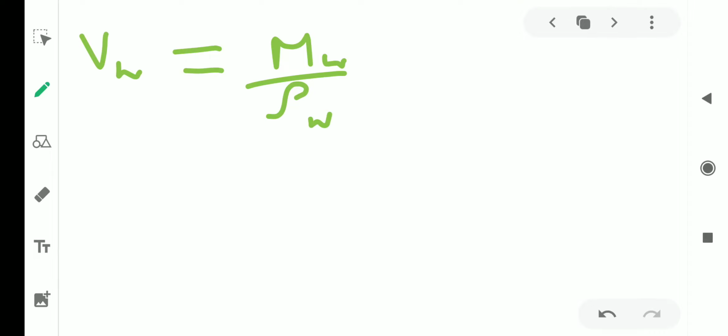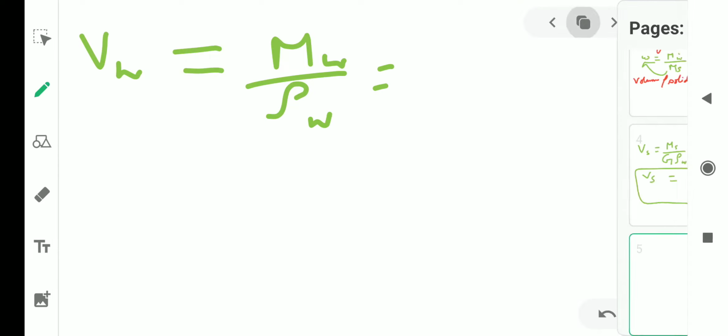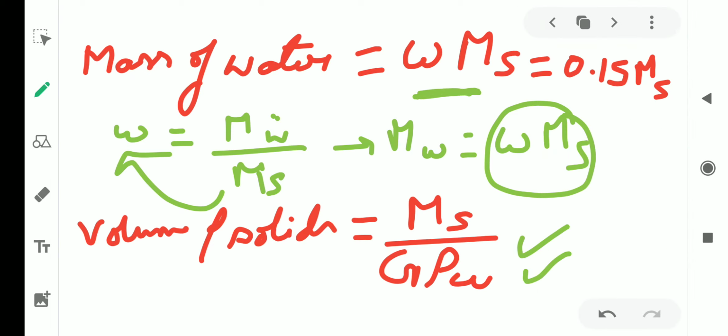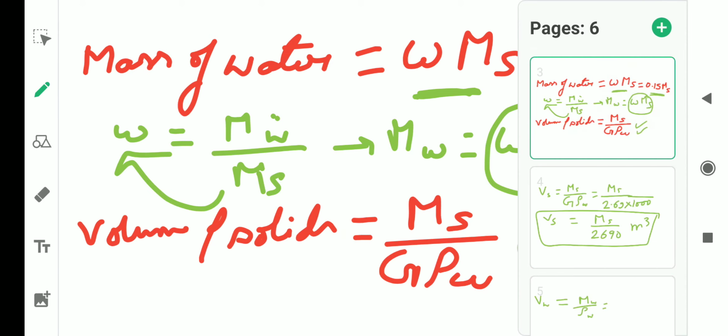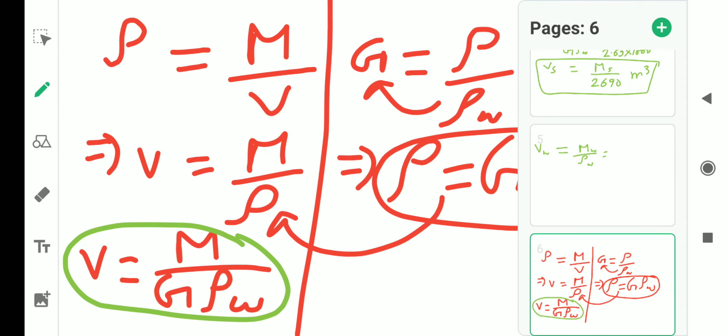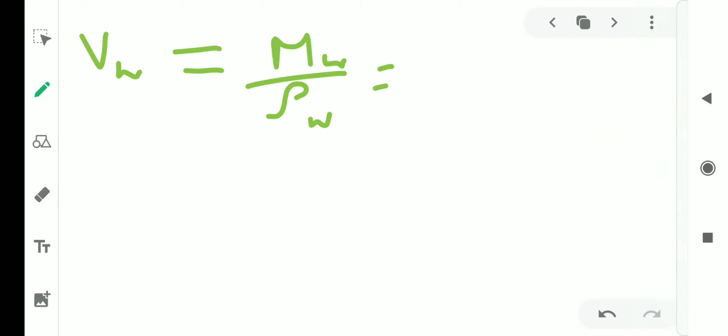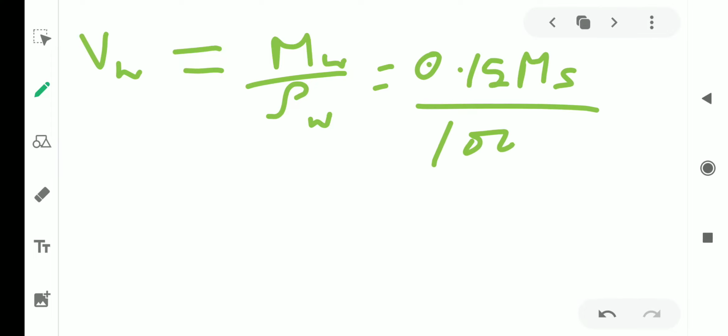We have obtained earlier that mass of water is 0.15 Ms, so volume of water is 0.15 Ms divided by 1000.